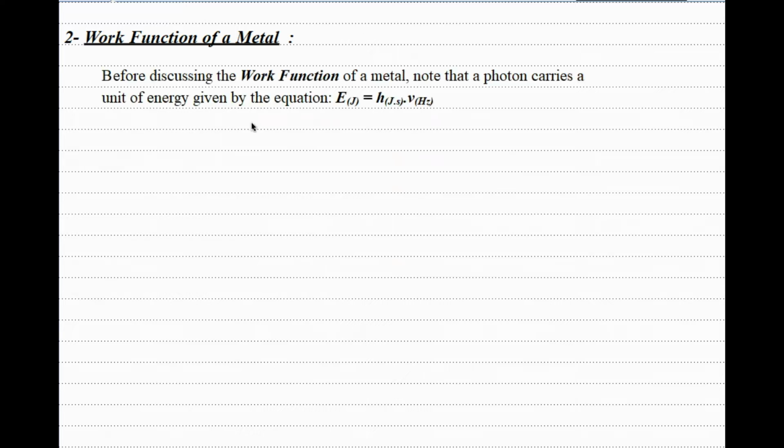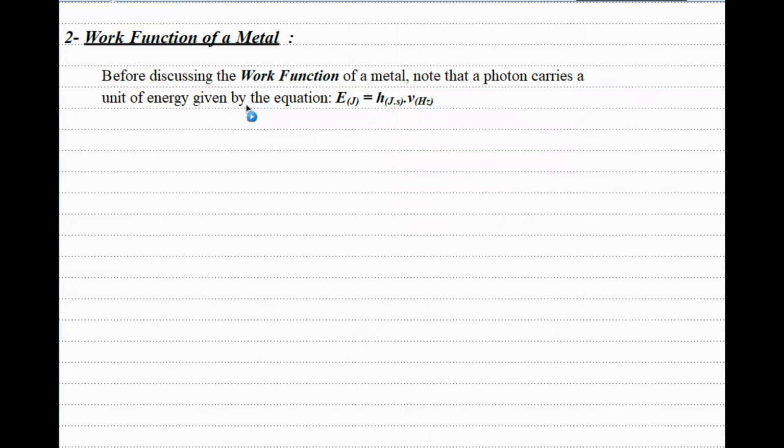Before we start with the work function of a metal, we need to review things about, I told you once, about what Max Planck suggested. Max Planck suggested that a photon is 1 unit of light. He defined that unit as carrying 1 unit of energy. So the particle or the part of light carrying 1 unit of energy, not the whole energy, not continuous energy, is called a photon.